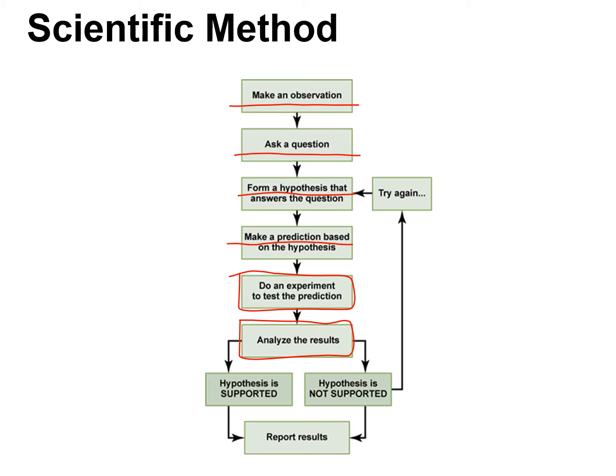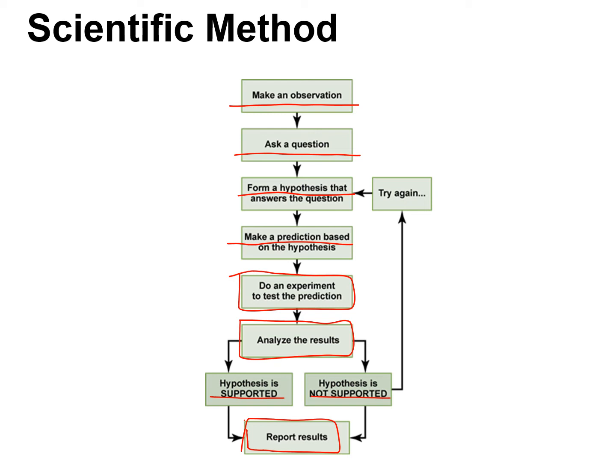That data can be qualitative and or quantitative. The two basic results you're going to get are either that the hypothesis is supported or it's not supported. Hypotheses are not proved. The data either supports it or doesn't support it. Either way, you need to report those results, because those results are actually new observations.